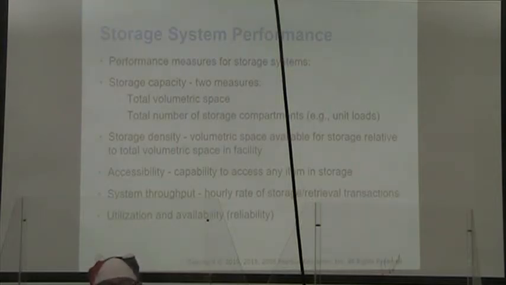Another measure is accessibility. What is the capability to access any item in storage? System throughput, the hourly rate of storage and retrieval transactions, and utilization and availability. The utilization is, of course, how much we're using our storage system. Availability is the reliability of the system.